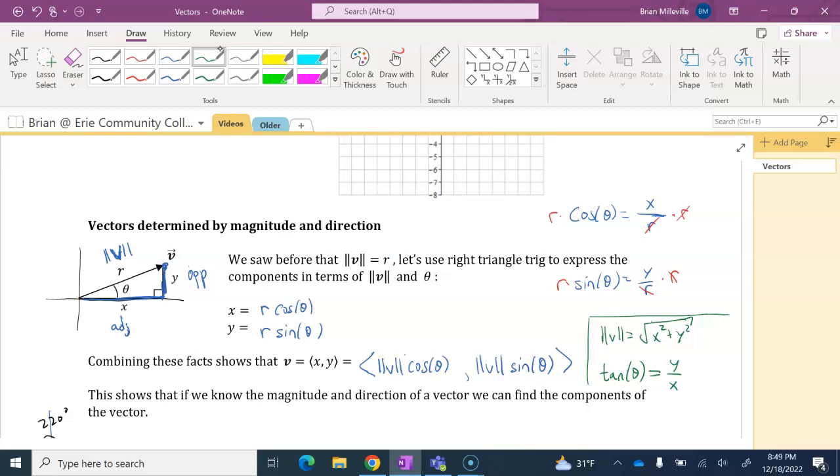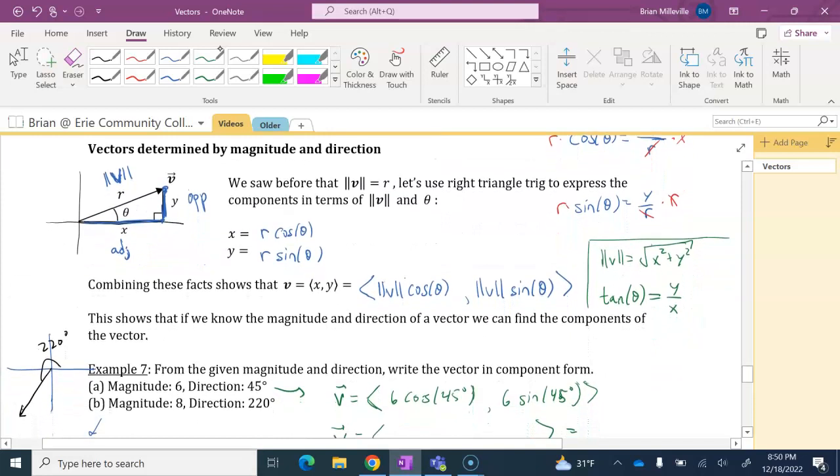If we know the rectangular coordinates y and x, we can also use that triangle, because tangent of the angle theta will equal opposite over adjacent, and that will be y over x. That will allow us to determine the angle theta. We might have to make some adjustment depending on what quadrant we're in, but that equation, tangent of theta equals y over x, will help us determine theta. All right, let's get a couple examples worked out here.